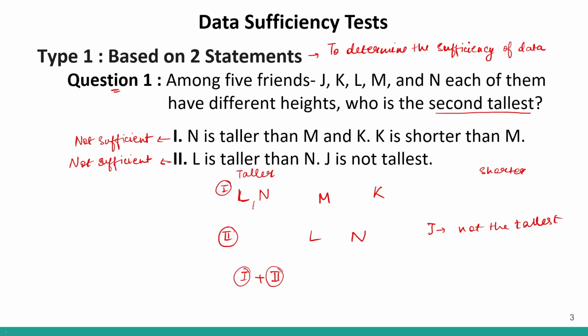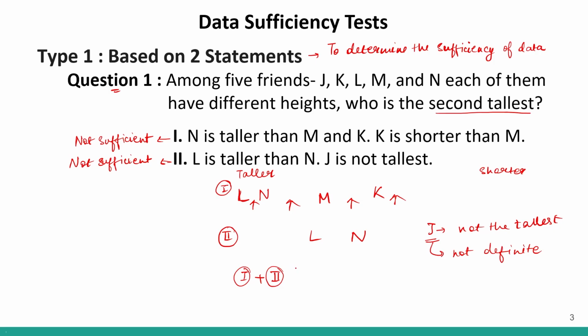So J can be here, here, here, anywhere. J's position is still not definite. If J's position is not definite, can I find the second tallest person? No. Even after combining statements 1 and 2, I cannot find the second tallest person.